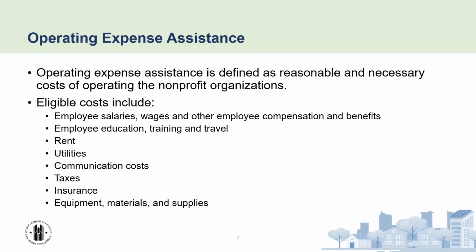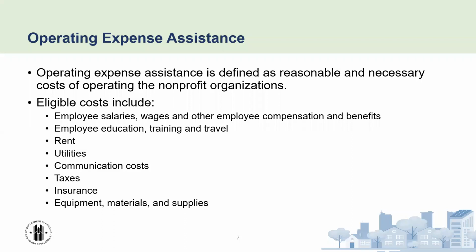The notice provides specific examples of the types of costs that are allowed under each of these 2 types of assistance. The notice defines operating expense assistance as reasonable and necessary costs for operating a nonprofit. These costs include employee salaries, wages, and other employee compensation and benefits, employee education, training and travel, rent, utilities, communication costs, taxes, insurance, equipment, materials, and supplies.